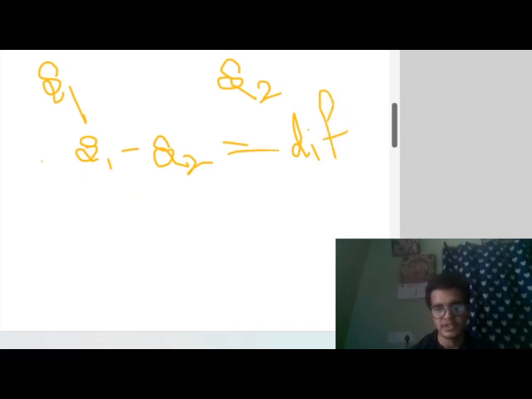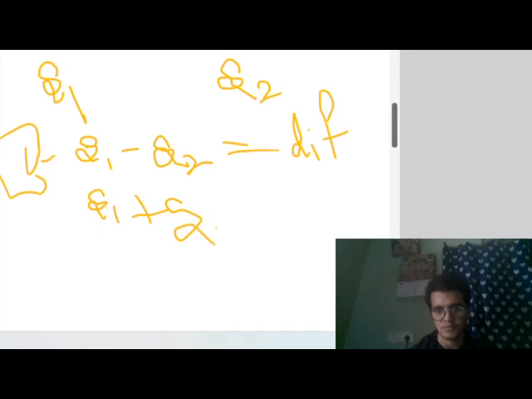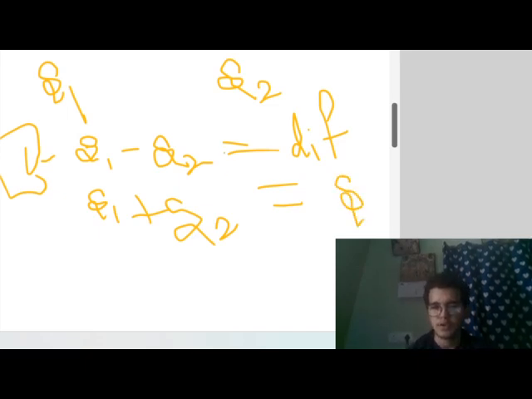This is equation 1. Second thing, S1 plus S2 will be equal to S, the sum of the numbers in the list. We need to find this value of S1. How will we get this?